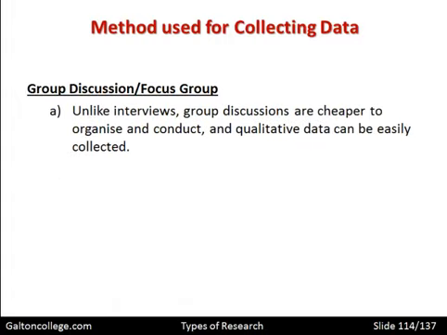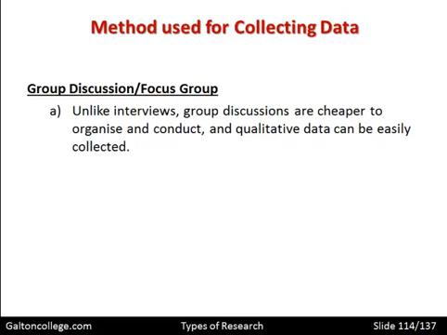Unlike interviews, group discussions are cheaper to organize and conduct, and qualitative data can easily be collected. With interviews, it's one-to-one, and a large number may have to be interviewed.